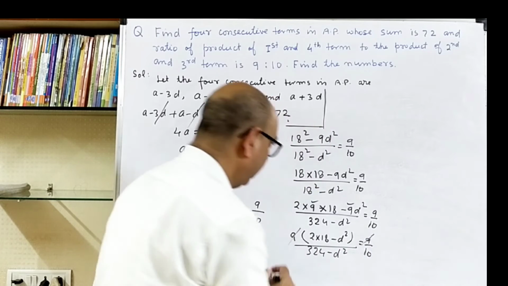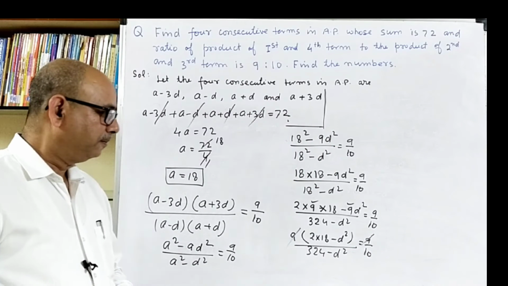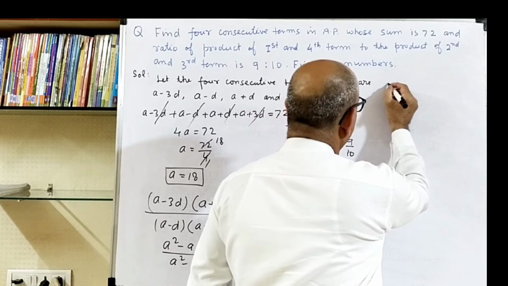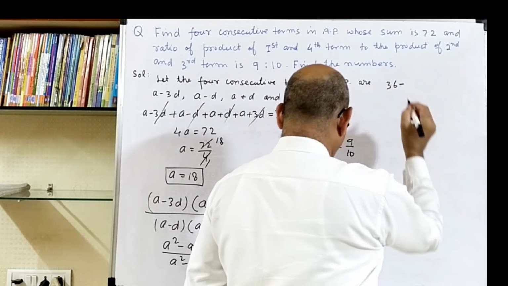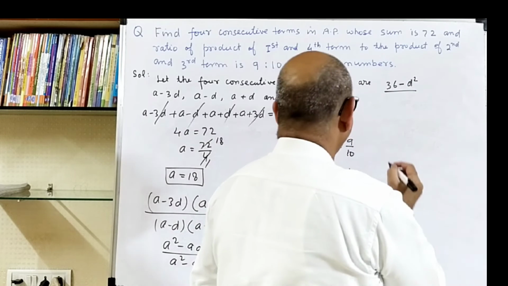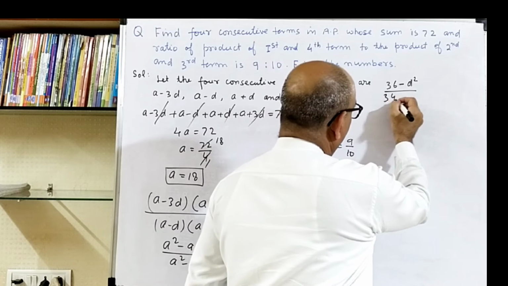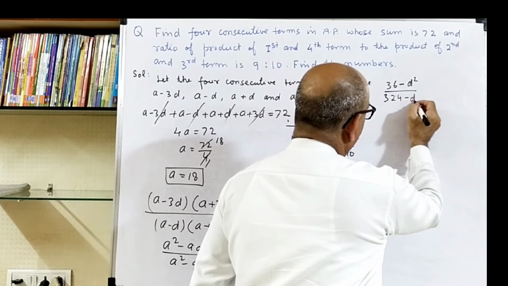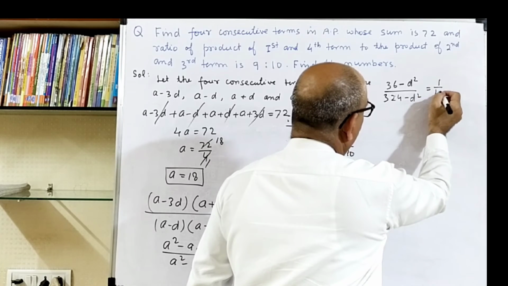This 9 and 9 will be cancelled out. 2 into 18 is 36 minus d square divided by 324 minus d square is equal to 1 by 10.